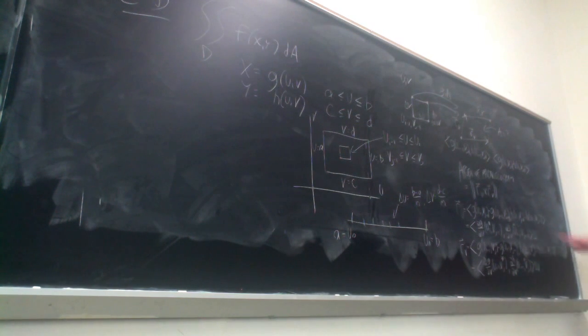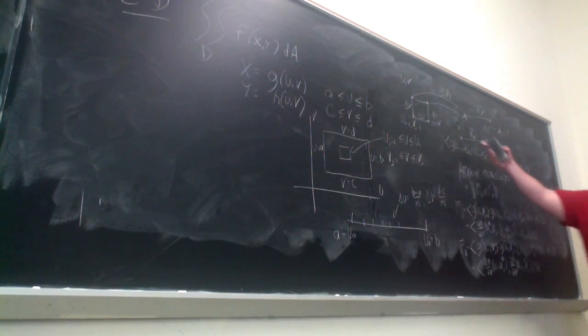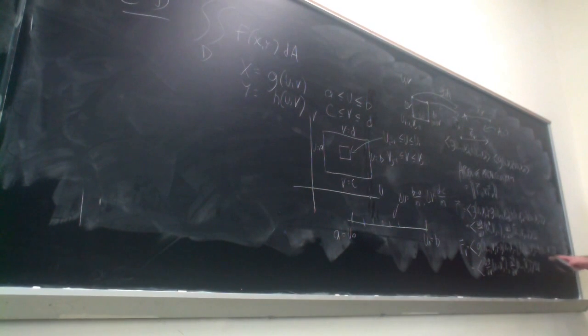So now I have these formulas that'll help me get the area of this parallelogram. Now, these are in 2 dimensions. I need to take a cross product, which is in 3 dimensions. So I'm going to add on a z component that's 0, just so the cross product will make sense. And I have delta u, delta v. Okay. Now, I'm about to take a cross product of these.